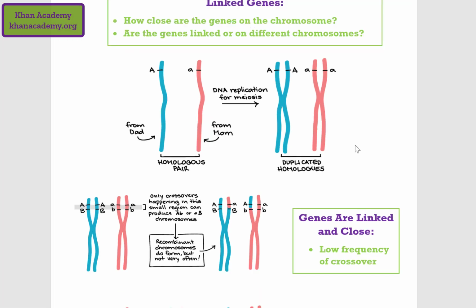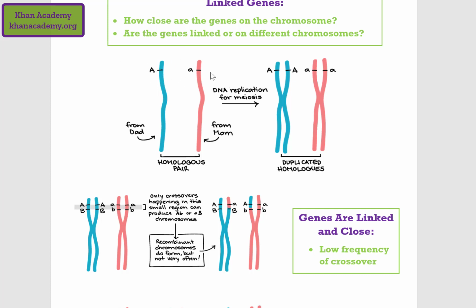And you see here a homologous pair. The one chromosome from dad in blue and the chromosome from mom in pink. And then you see they have marked the gene A, and this could be for eye color, attached earlobes, cystic fibrosis gene, all kinds of anything.